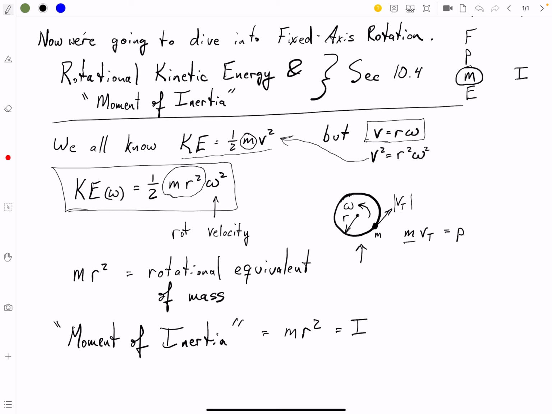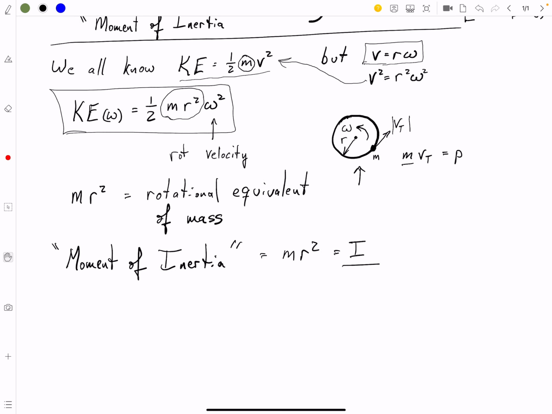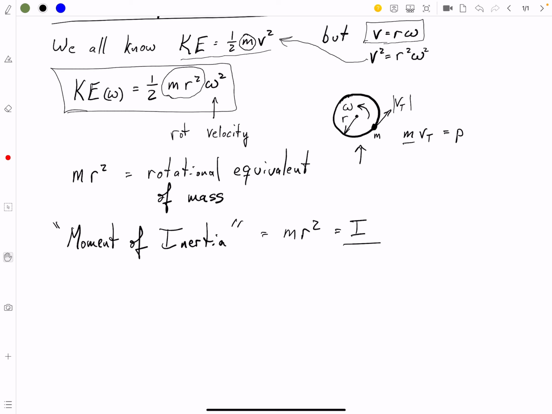Energy is just energy, so we're still going to measure energy in joules. We'll get to momentums and forces later, but for now we have done our thing. So moments of inertia, big deal, okay? And it really is. There's a lot to it, and we're gonna investigate it.